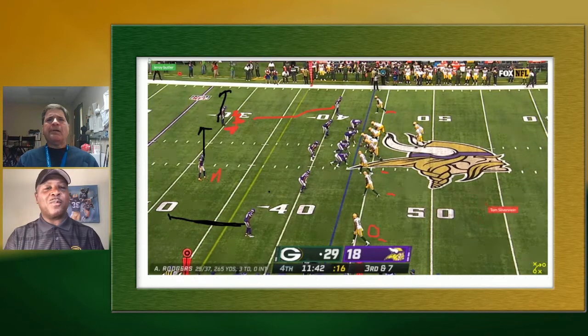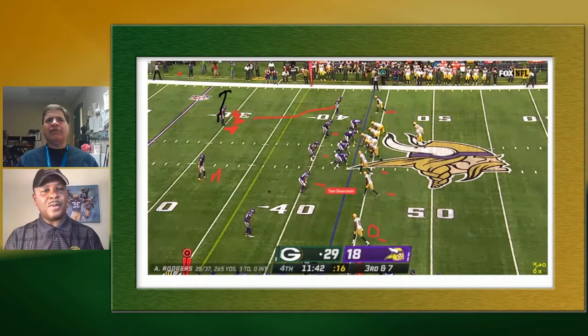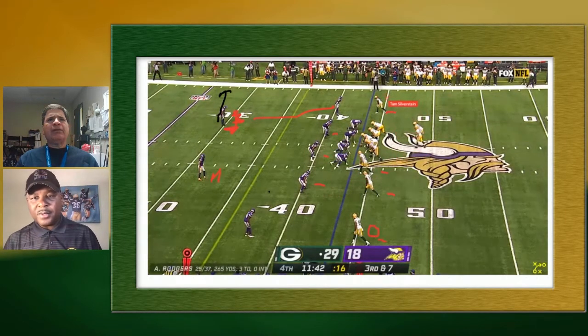Once you get into the play, you'll see what Aaron Rodgers was looking at. Why do you think the Vikings are in base defense? They got three linebackers here, and the Packers are in three wides. I believe it was 2nd and 8, maybe. Kind of an odd thing to be going in with a base defense against three wides.